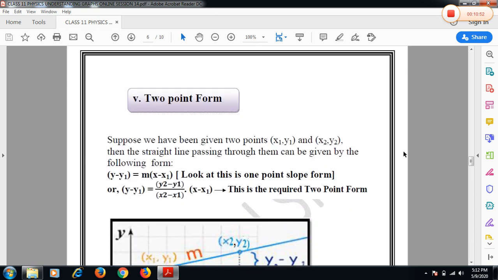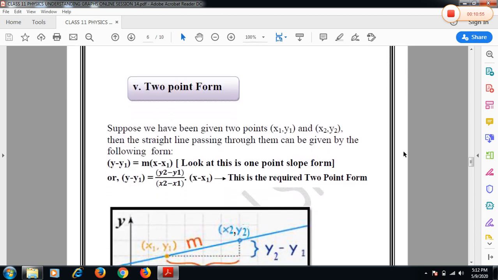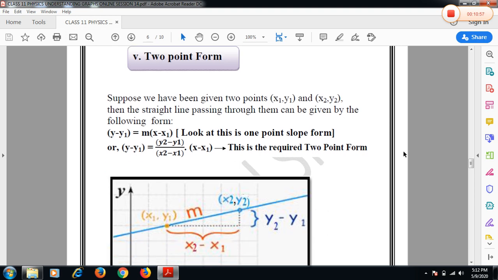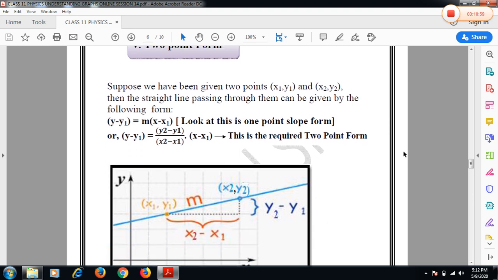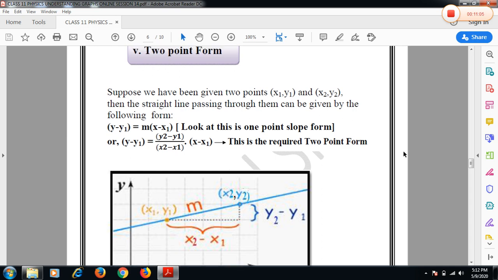Let us move forward to the fifth form, that is the two-point form of a straight line. Do you remember the previous form, that is the slope one-point form? And this two-point form is more like that previous form.